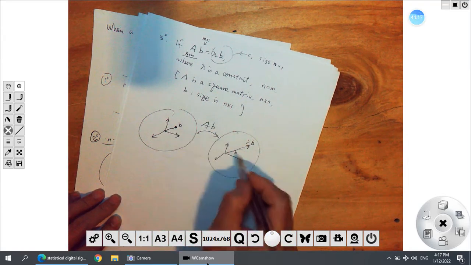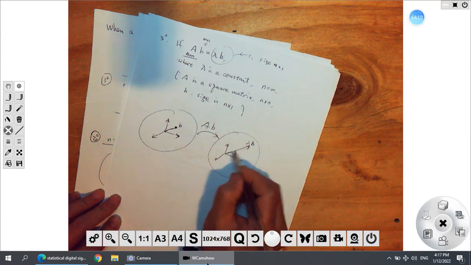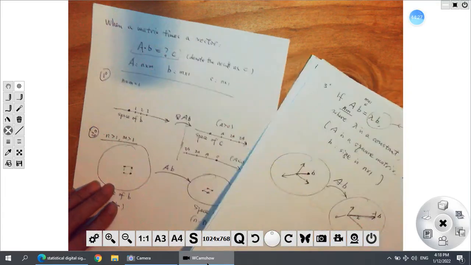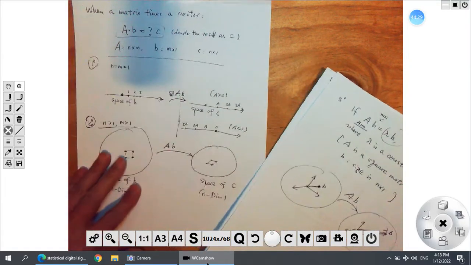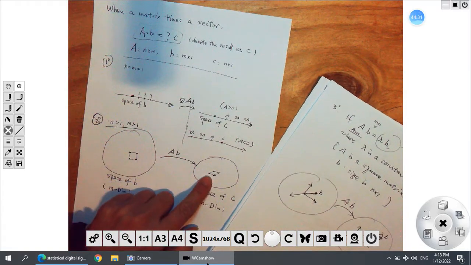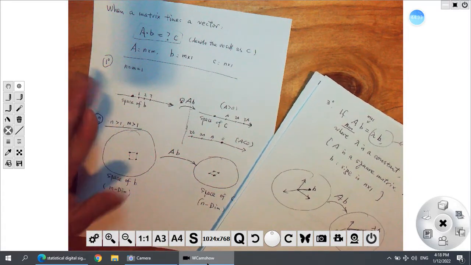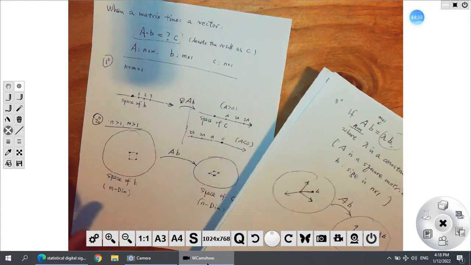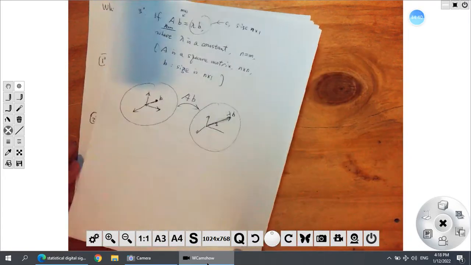You just change the length of B, but the direction is the same. In general, when you multiply a matrix A by a vector, the result usually gets twisted. They want to keep the same direction. But this is a special case.